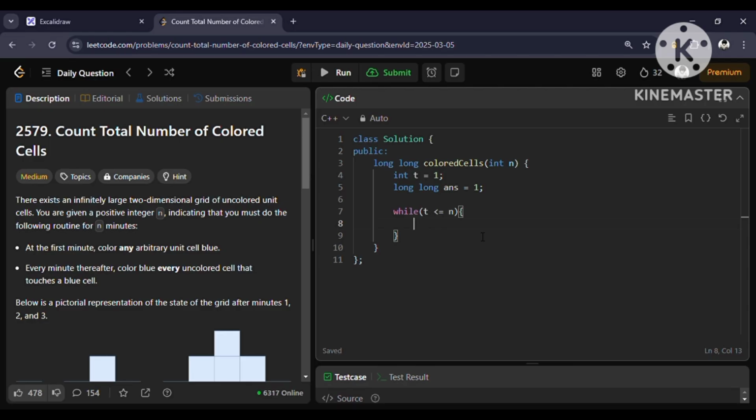As long as my t is less than or equal to n, what do I have to do? My answer will be equal to my previous answer plus 4 multiplied by my current t.